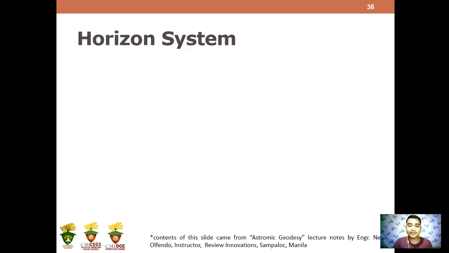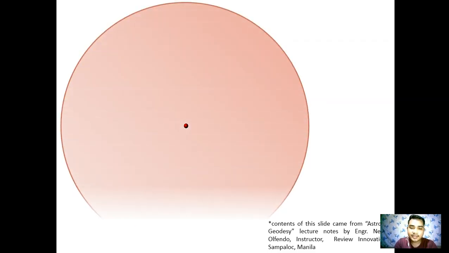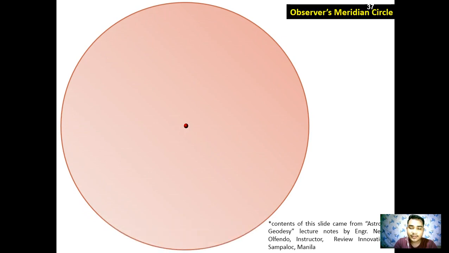The first system on how to locate the celestial objects or celestial body is what we call the horizon system. To visualize the horizon coordinate system, we have here a red dot that represents the Earth, and a great circle, which is what we call the observer's meridian circle.